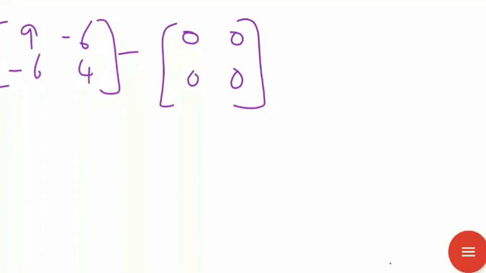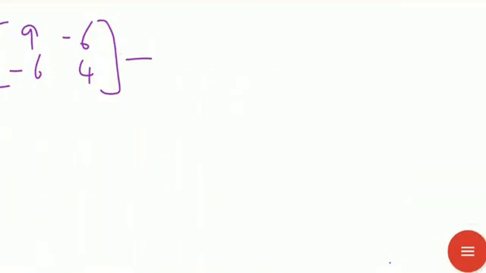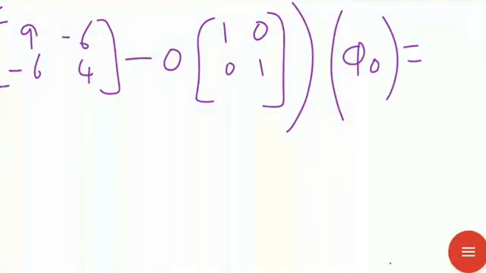That means lambda naught into I is nothing but all zeros. Otherwise, I'm writing like this simply, minus 0 I means this one. So here by the product of these two, you can get all zeros here. So now that is into phi naught. So phi naught is equal to 0.